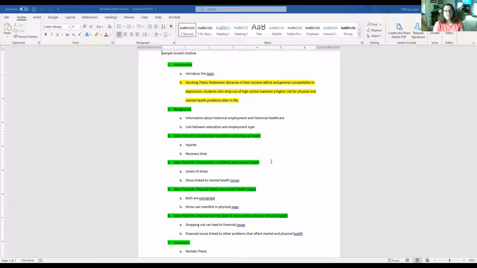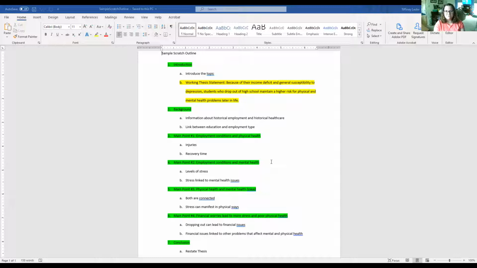You're less likely to lose your way. You're less likely to go off topic. You're less likely to accidentally leave something out, right? It's such a useful tool. So even if it's just a scratch outline, I highly suggest utilizing one.